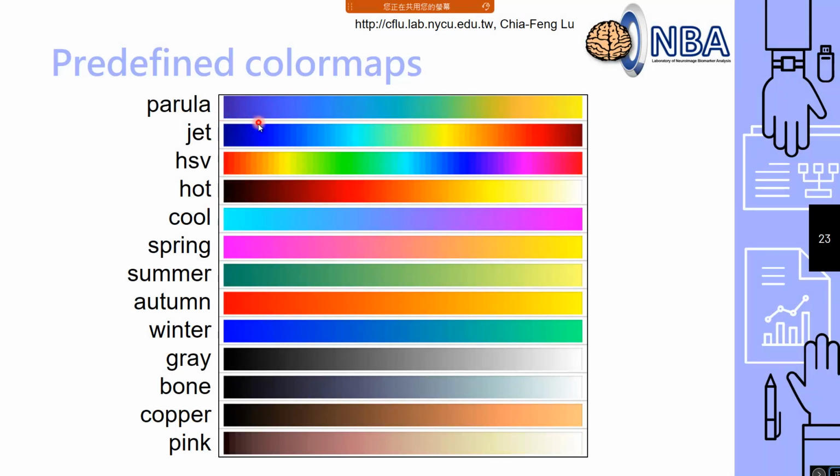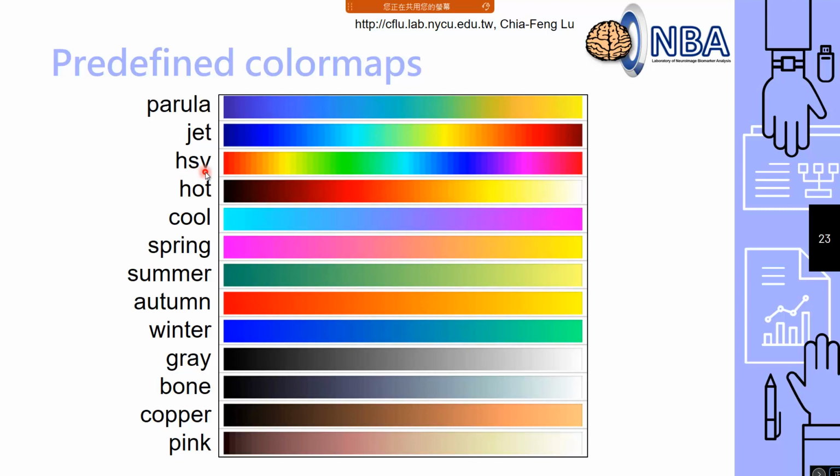You don't really need to always create the color map by yourself. Gray is one of the most common ones that we use for image display, but we have several different color maps you can use. This is the default one, but you can change the color map to jet. You can change it to HSV.